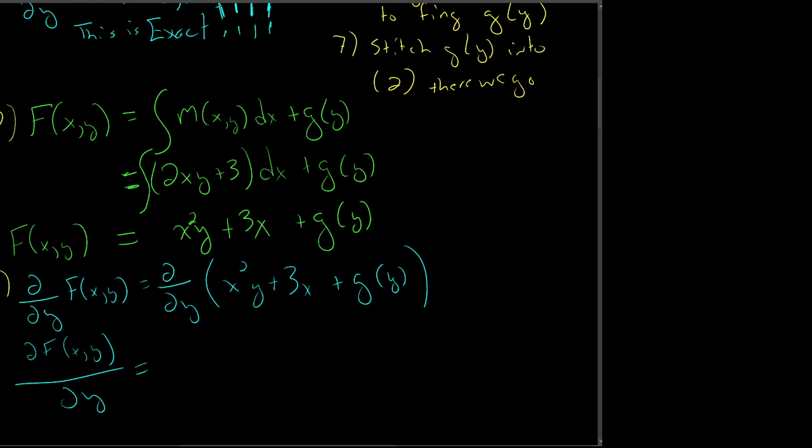So y is the variable I'm differentiating on. X squared is just a constant, so the differentiation of this is x squared. This has no y in it, so it's just a constant, so the differentiation of this is 0. And the differentiation of g as a function of only y is g prime.